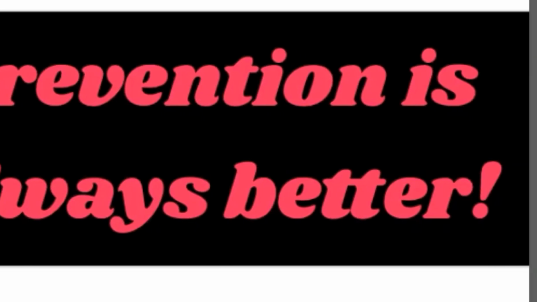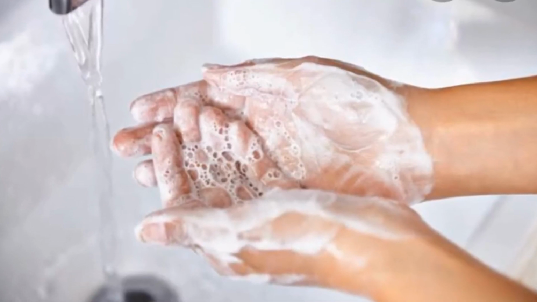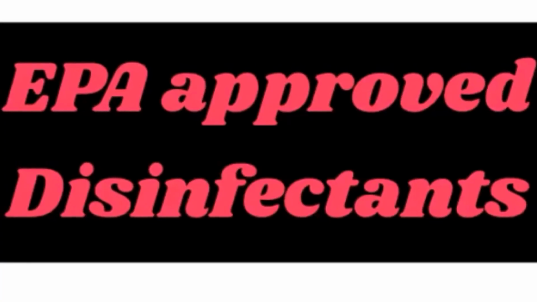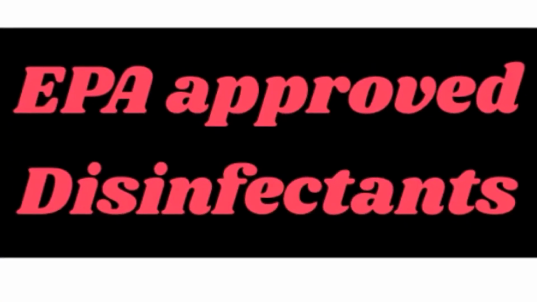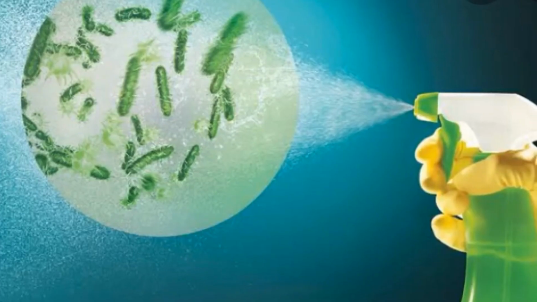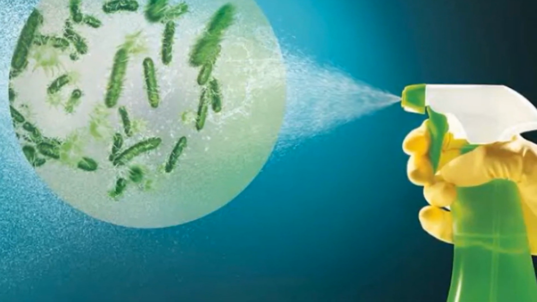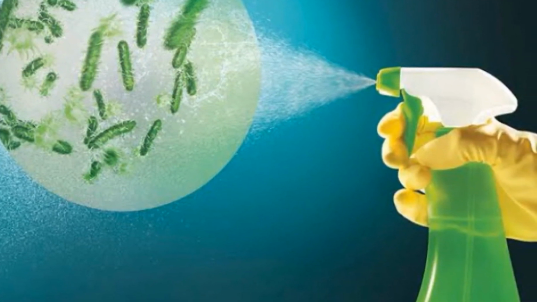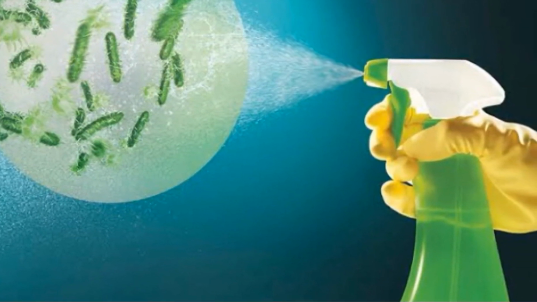One of the most simple and effective methods to prevent this contact is washing hands with soap and water. Use of EPA approved disinfectants can kill the coronavirus. All high touch surfaces should be cleaned, like doorknobs, tabletops, bathroom fixtures, bedside tables.